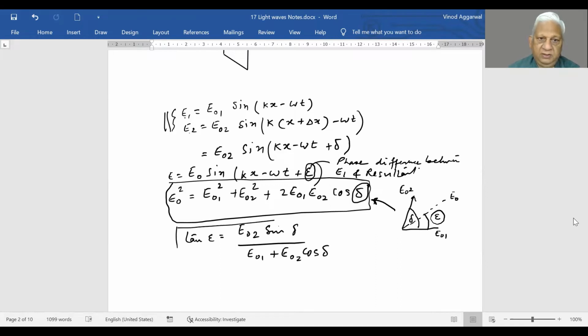Also we have seen this earlier when we were doing vectors, to find the resultant vector and the angle between the resultant and one of these vectors.